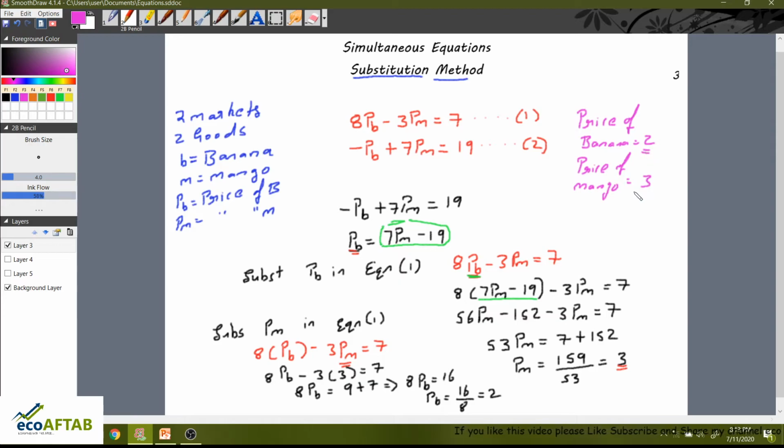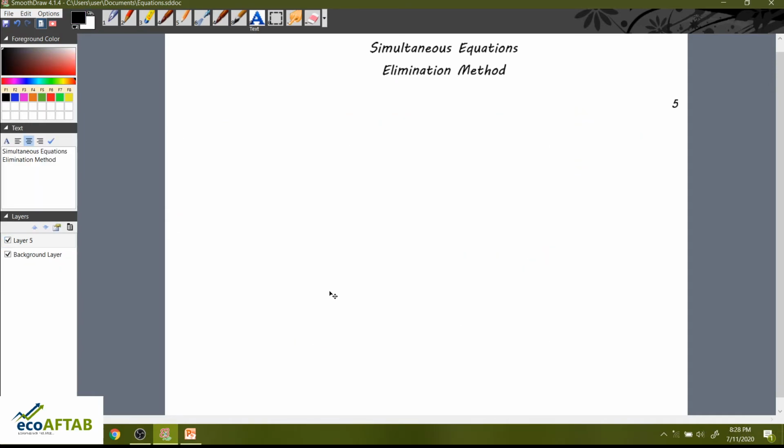If you insert this 2 and this 3 in these equations, you will get the answers 7 and 19. So this is how we were able to solve simultaneous equations with the help of the substitution method. Moving ahead, simultaneous equations by the elimination method. We shall repeat our previous example. We'll take the same two equations.